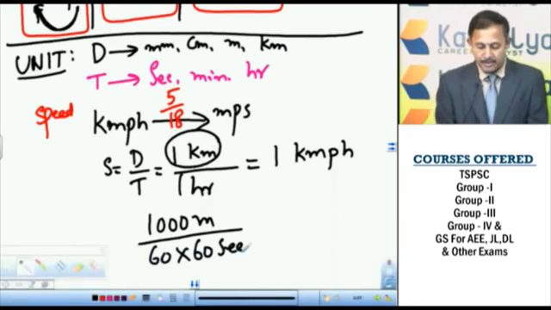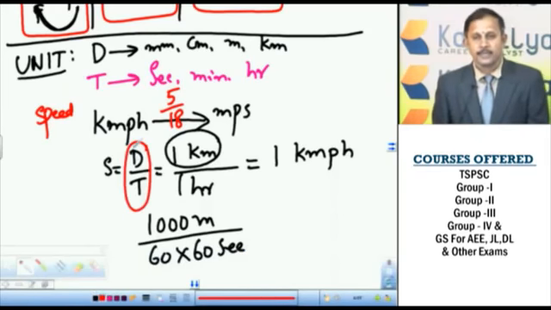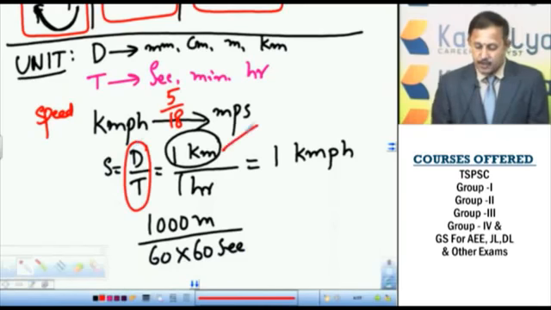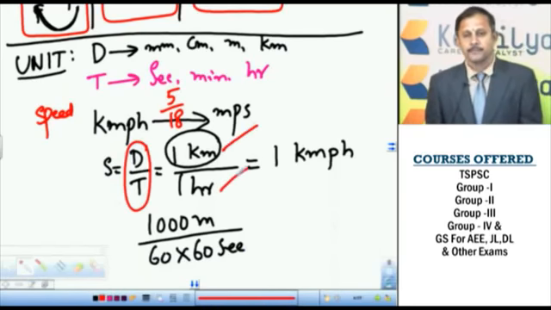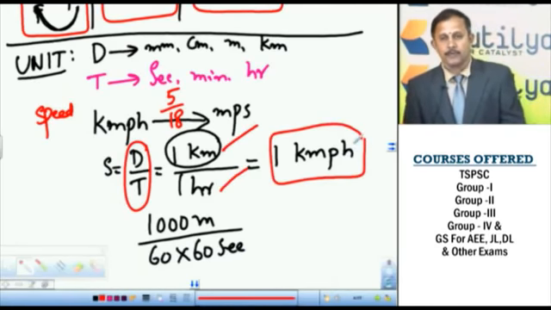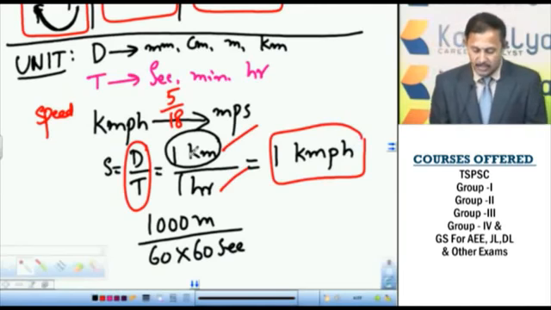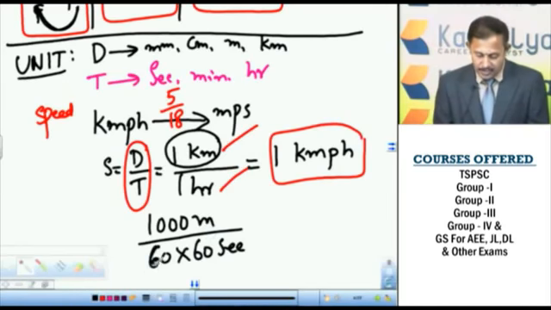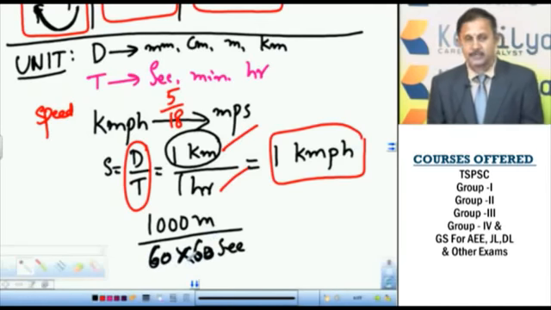I repeat it. The formula for speed is distance by time. The distance is taken as 1 kilometer and the time period is taken as 1 hour. So the speed is 1 kilometer per hour. And we can take 1 kilometer as 1000 meters and 1 hour as 60 minutes, and again each minute is equal to 60 seconds, right?